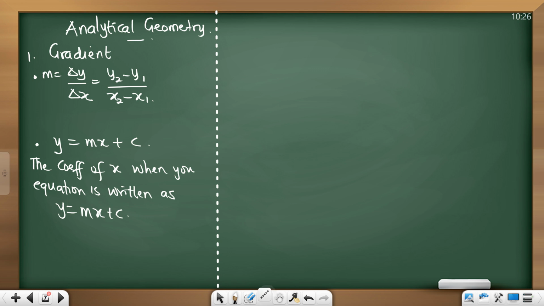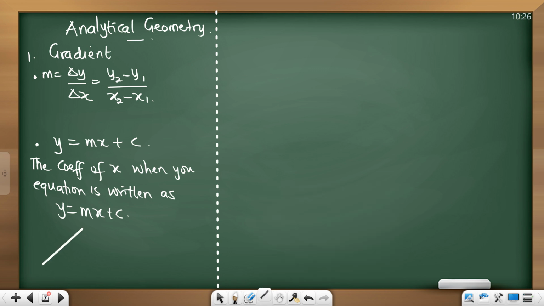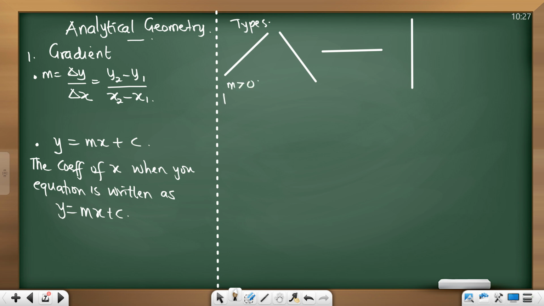Okay, different types of gradient. Let me do it on the side. Types. Increasing, decreasing. Here, gradient is greater than 0.